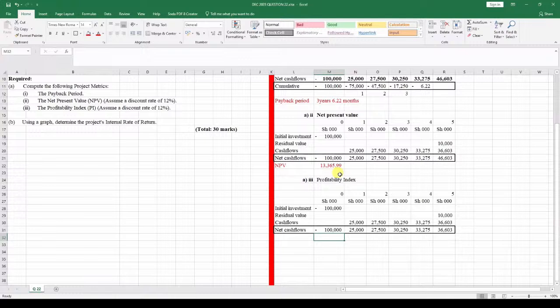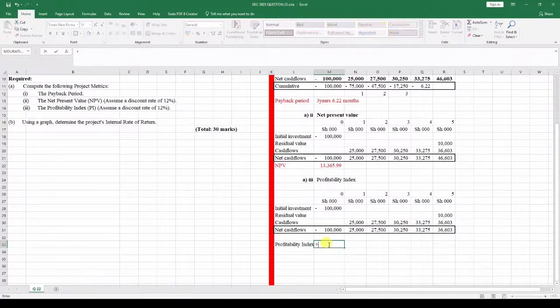So once we have that, we can get the profitability index. For the profitability index, we get the present value of cash flows divided by the initial cash outlay.